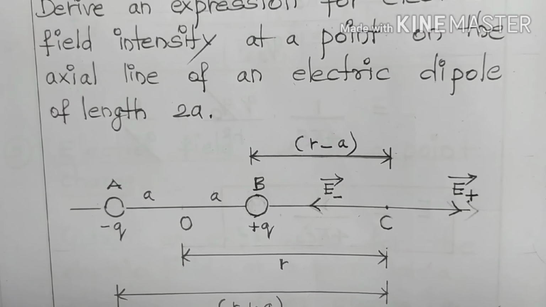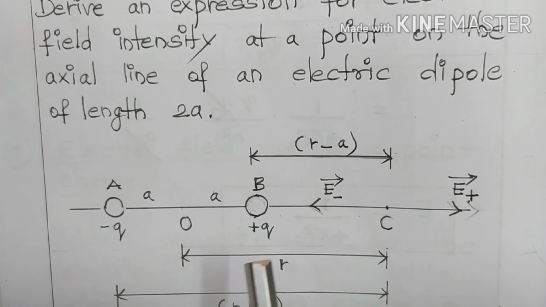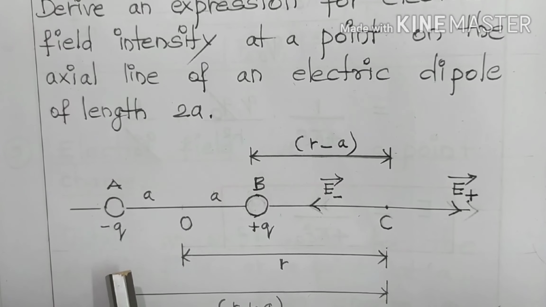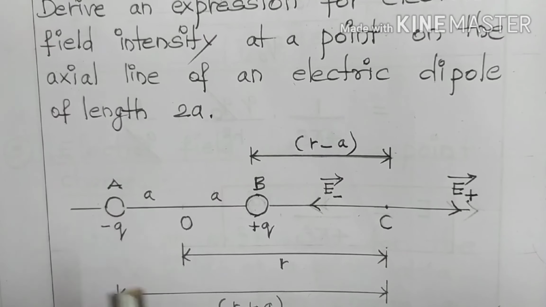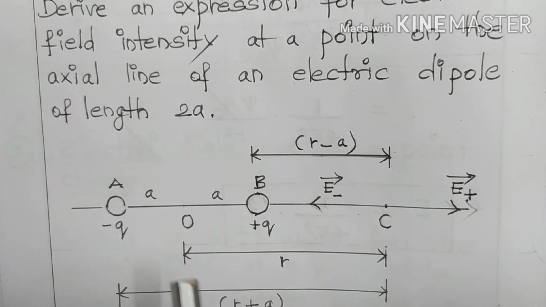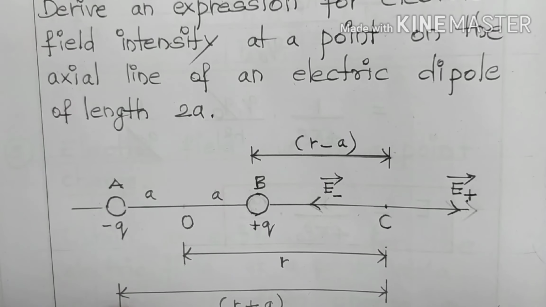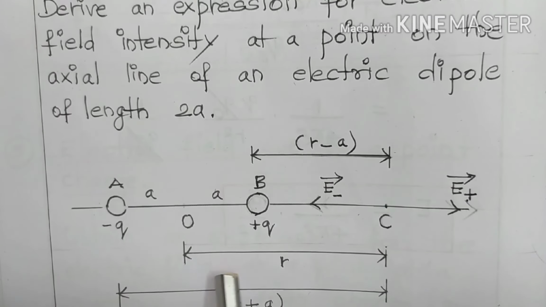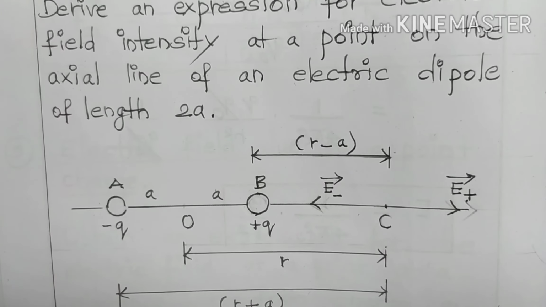Now, what is the distance between A and the point C? From O to C it is r, and from A to O it is a. So here the distance is r plus a.